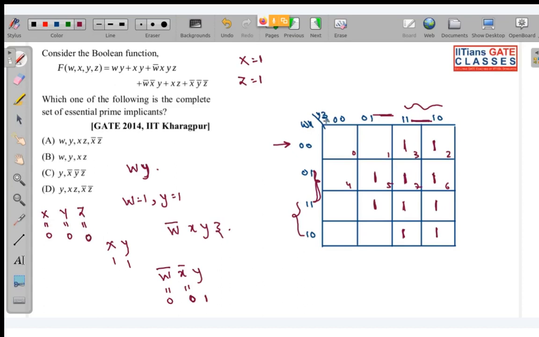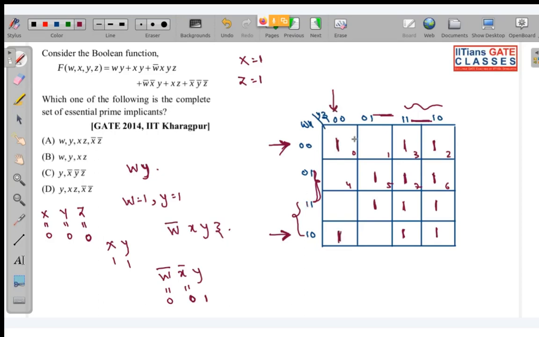X is 0 in this one and this one, and yz is 0 in this whole column. So the common places are this one and this one. So you have filled the box.